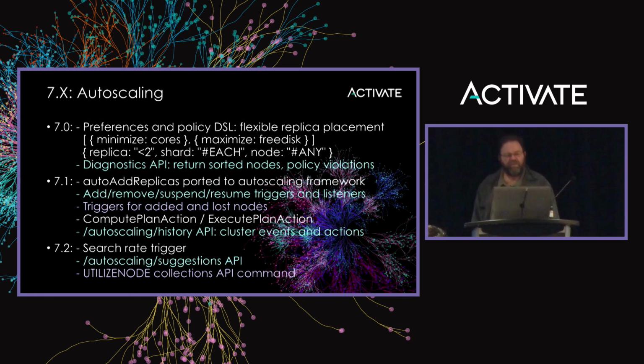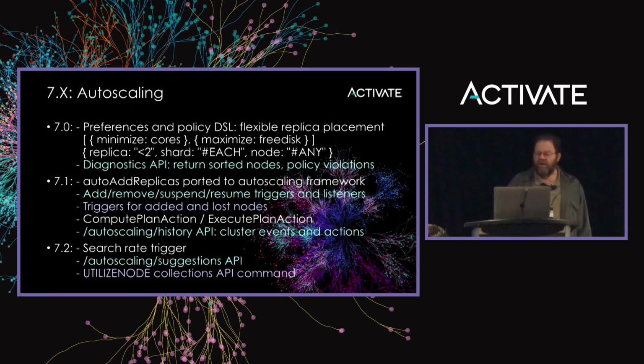And the biggest topic for 7.x is autoscaling. 7.0 added a preferences and policy DSL for flexible replica placement. And I give an example of each of the two here. The first line there, for minimizing cores and maximizing free disk, is used when performing autoscaling operations to sort the nodes so that the system knows which one to choose.